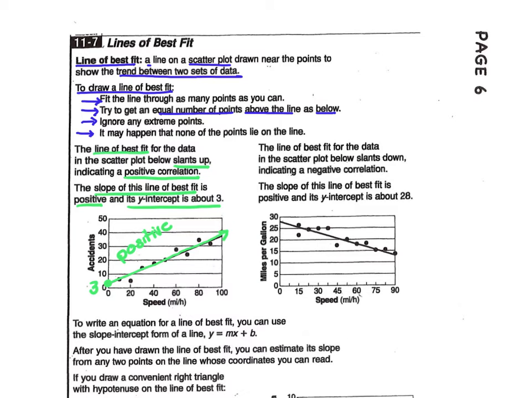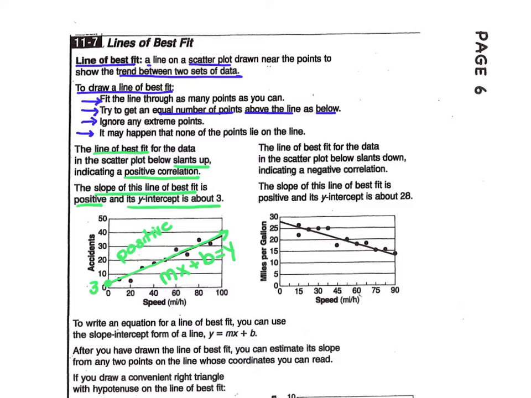So, based on the information we're given, we can write an equation for this particular line of best fit. Now, it's not going to be the exact representation, but it's going to come very close.